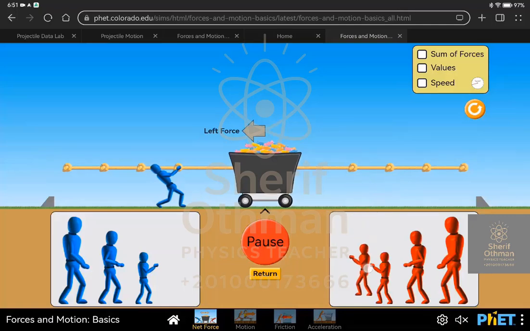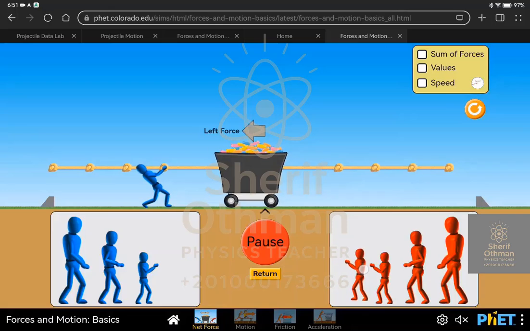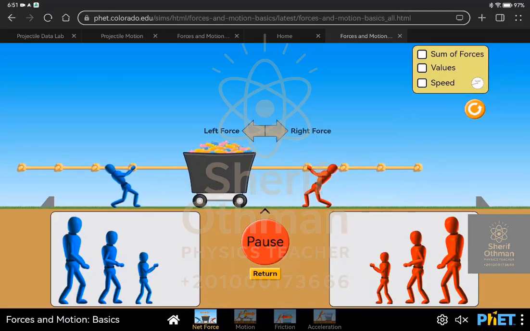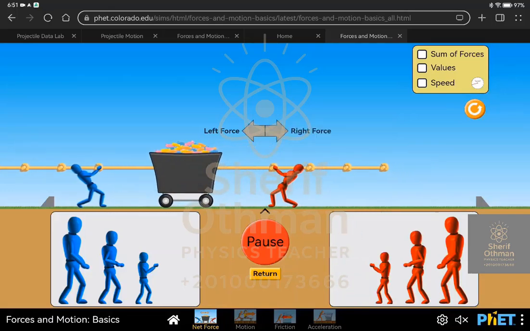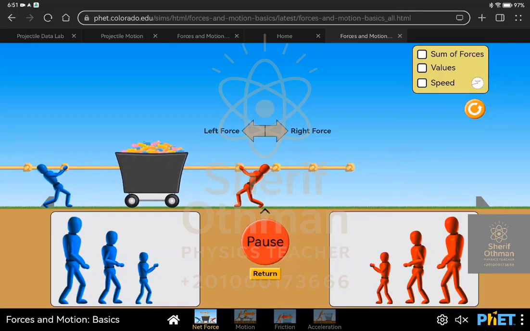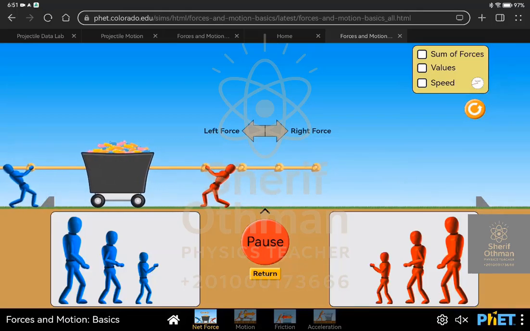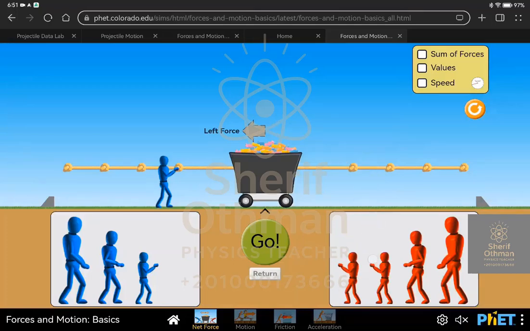Even though, if the object is moving and balanced forces are applied, the object will keep moving without changing its speed. Let's return it back again. Here the object is moving with a certain speed.